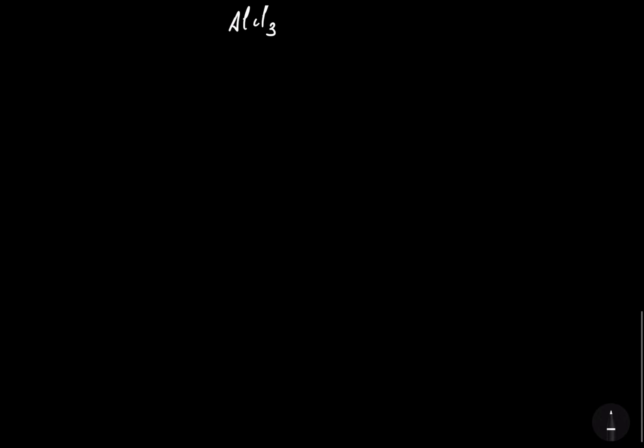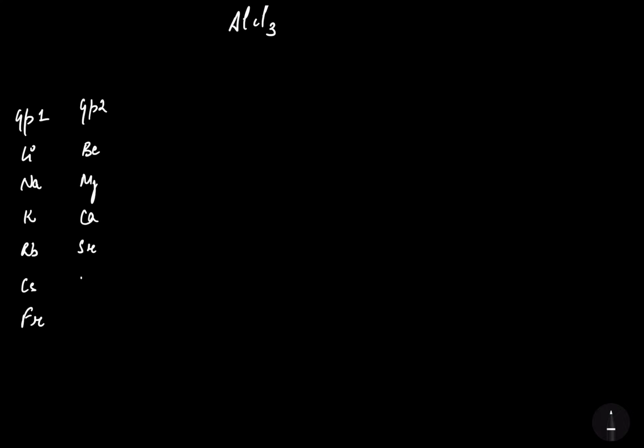For that, let me write down some elements of group number 1, 2, 13 and 15, 16 and 17, sorry. So let's talk about group number 1 first. Group number 1 is lithium, sodium, potassium, rubidium, cesium and francium. Group number 2 is beryllium, magnesium, calcium, strontium, barium and radium.